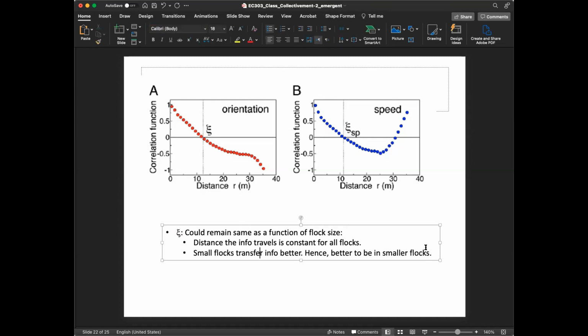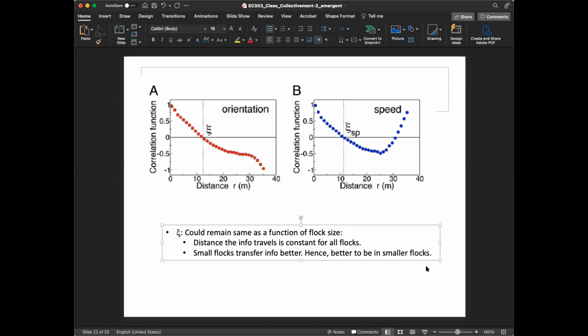Let me provide another possibility. For very, very small group sizes, the flock size itself could be smaller than the maximum distance that the information can travel.